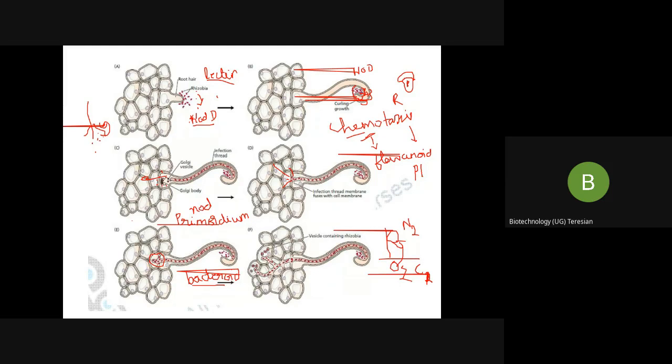So now as the branching is formed, it gets a signal from the plant telling the rhizobium that it has divided a sufficient amount. Now what you have to do is enlarge yourself so that you form a root nodule in the plant. This is the root and this is the nodule.